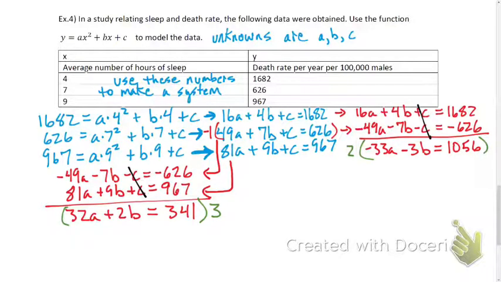That'll give me negative 6b. And combine them and the b's will cancel out. So this one would be 32 times 3 is 96a plus 6b, and 341 times 3 is 1023.